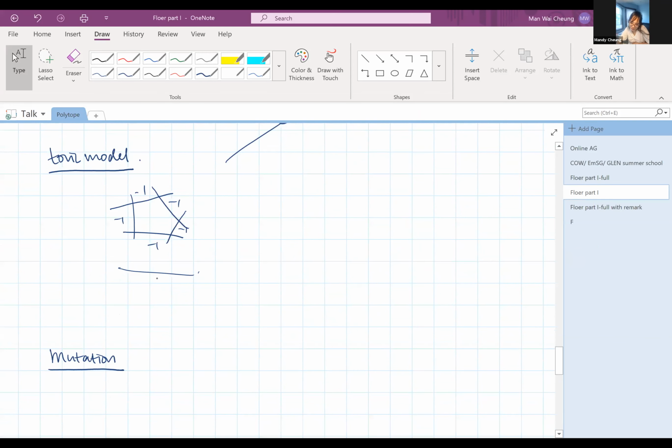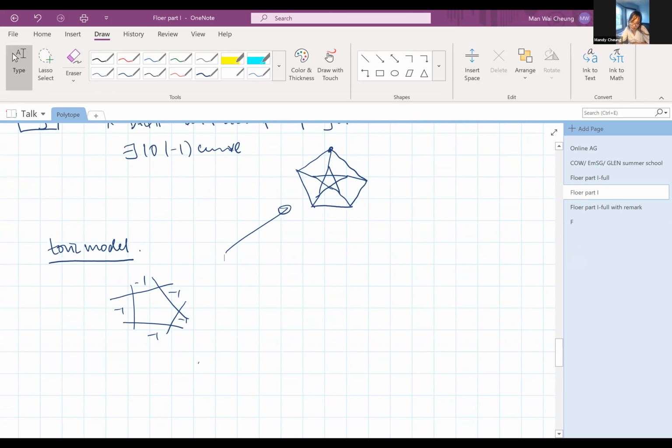And then from this Petersen graph, you can see once I use this chain, every one of them will have one and only one other -1 curve going from here, with a relation coming from this Petersen graph that you can dictate.